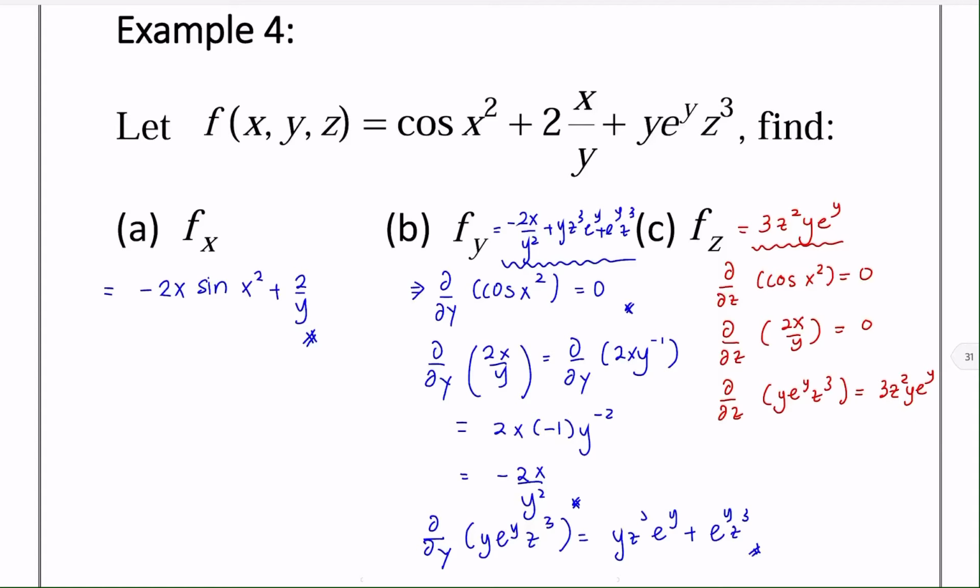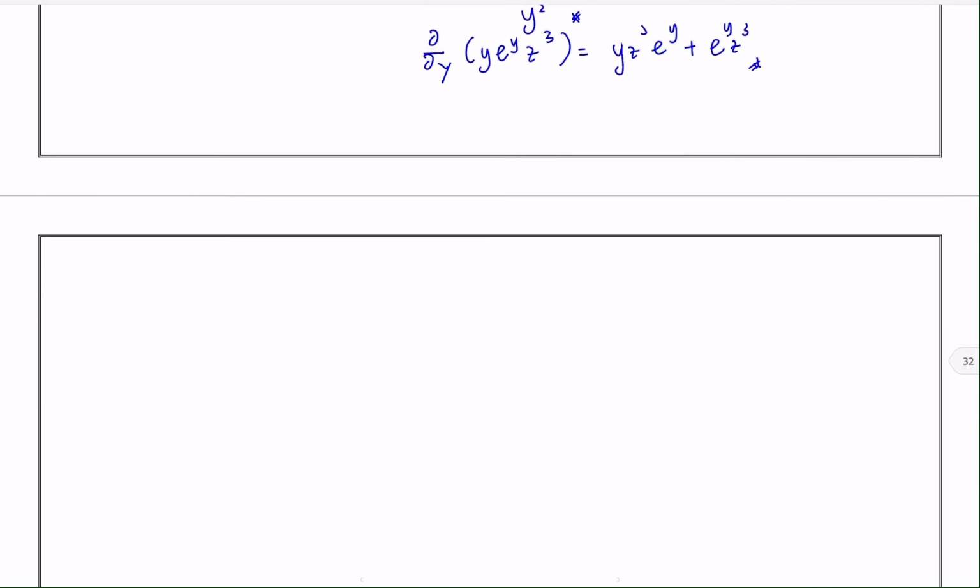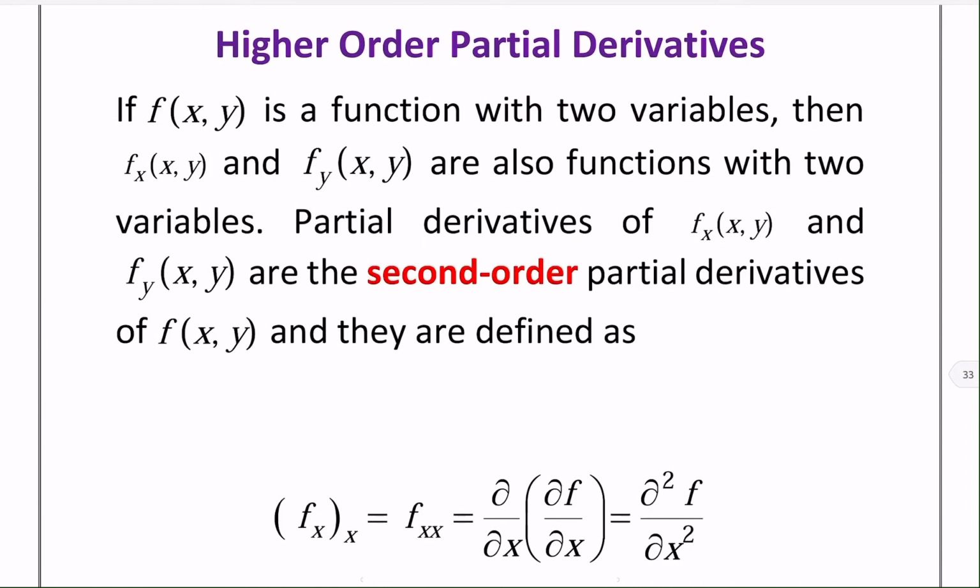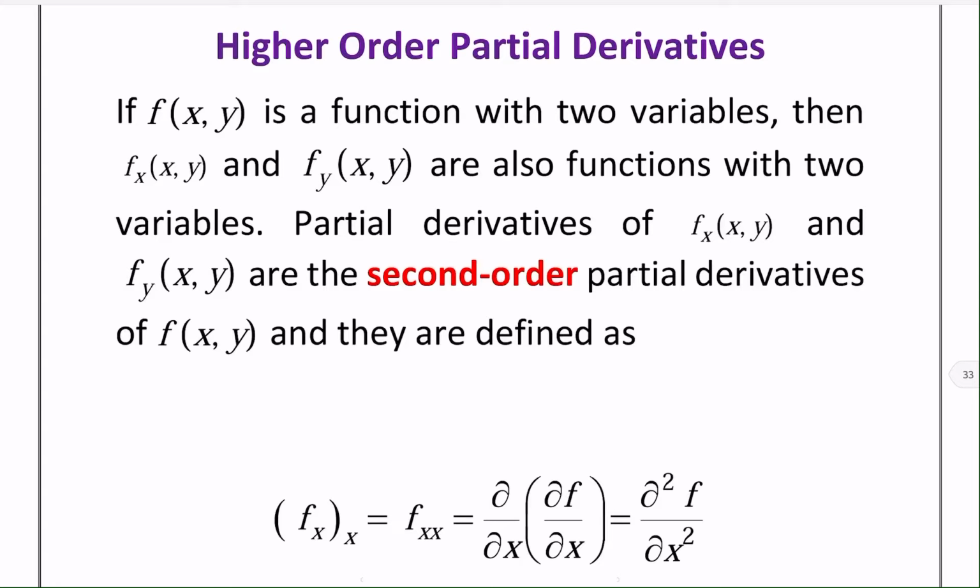Alright, now let's move to the higher order partial derivatives. Just now we had first order only, meaning that we differentiate once. Higher order means that we differentiate twice, so for partial derivatives we differentiate partially twice.